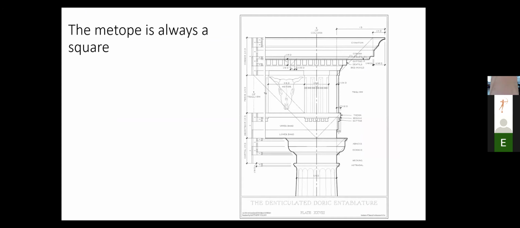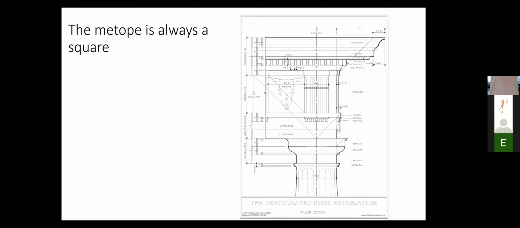So when we look at the Doric order, there are some special relationships. The metope, which of course is the space between the triglyphs, is always a square proportion. The width of the triglyph, called triglyph because there are 3 wooden beams that are stylized in stone and marble, is based on the diameter of the column.